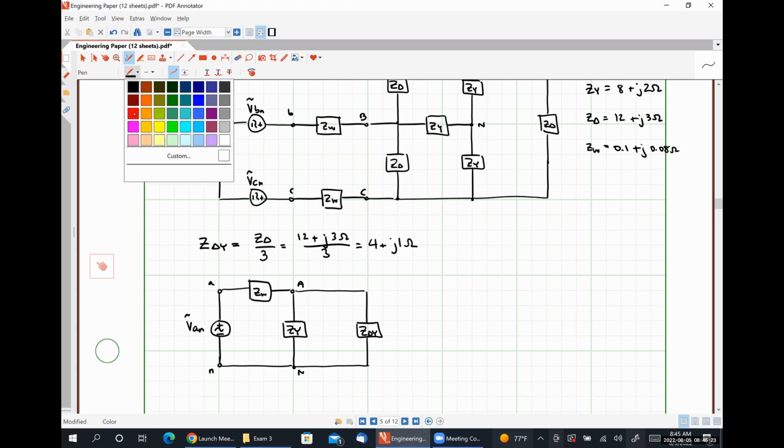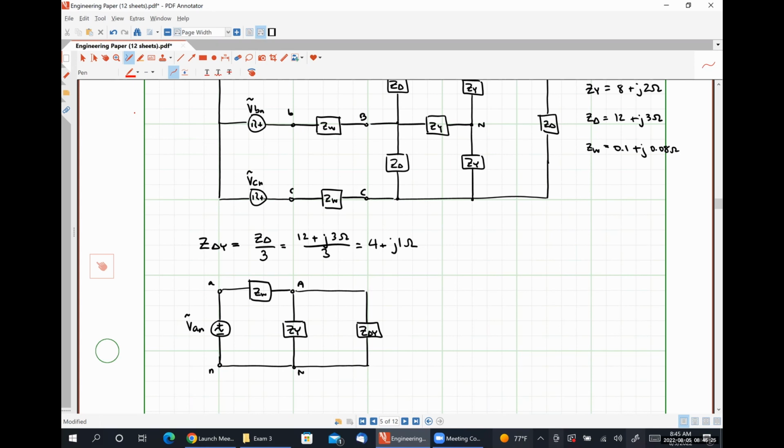Our single phase equivalent circuit can be used to determine our line current IAA and our phase current IAN. It cannot be used to determine our phase current IAB because we don't have a B here in our single phase equivalent circuit, okay?